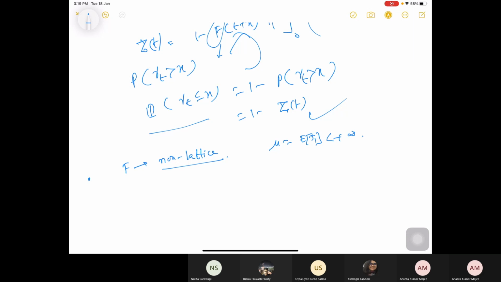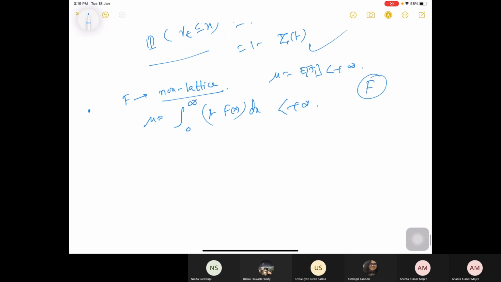This is finite, no? So mu is finite and F is a distribution function. So now you check, I can write this expectation of X in a slightly different way, which is the integral from 0 to infinity of 1 minus F(x) dx. You check by yourself, it is nothing else. And not only that, I can write the integral from 0 to infinity of 1 minus F(t plus x) dt for a fixed x.